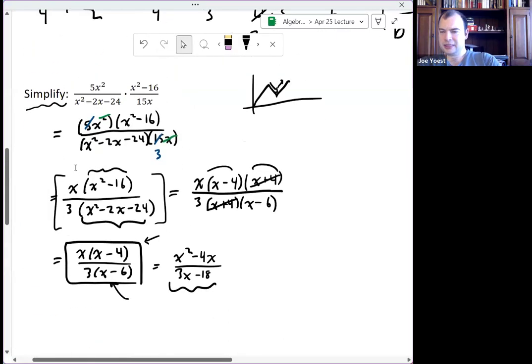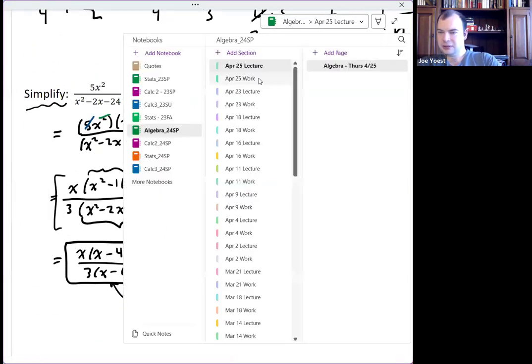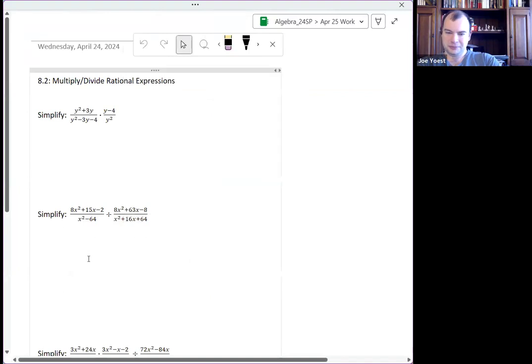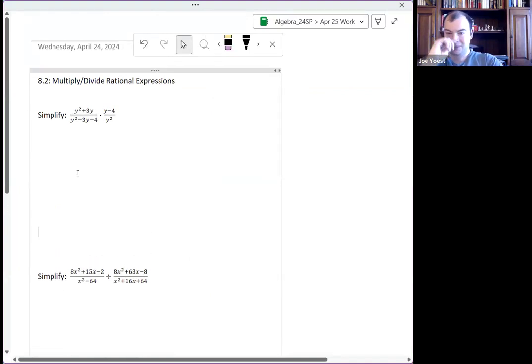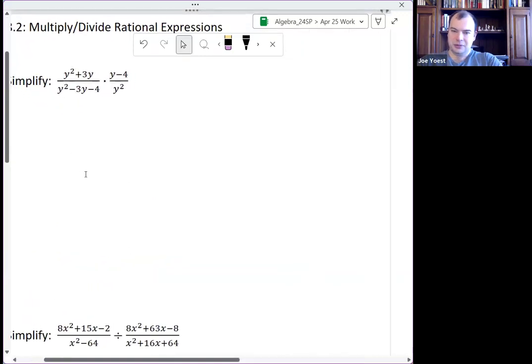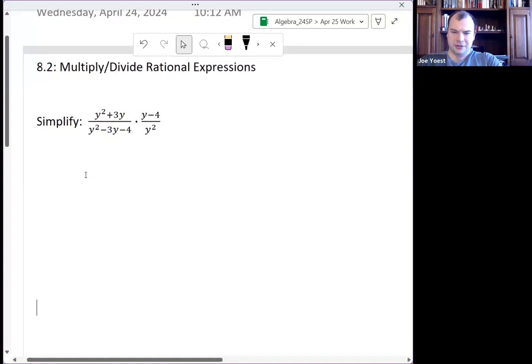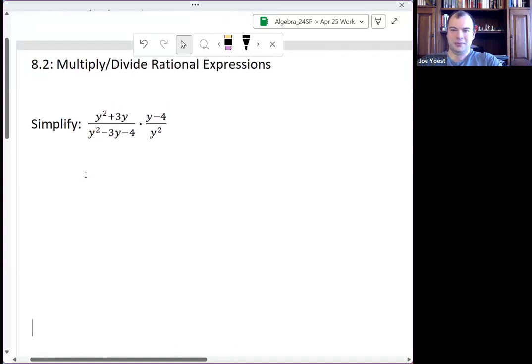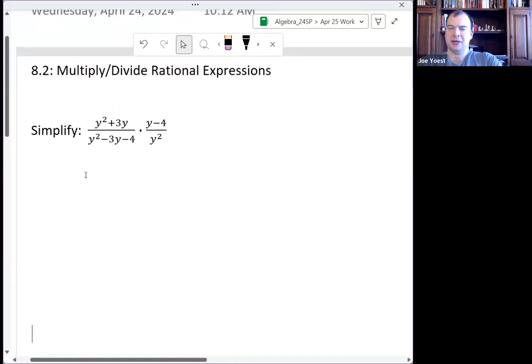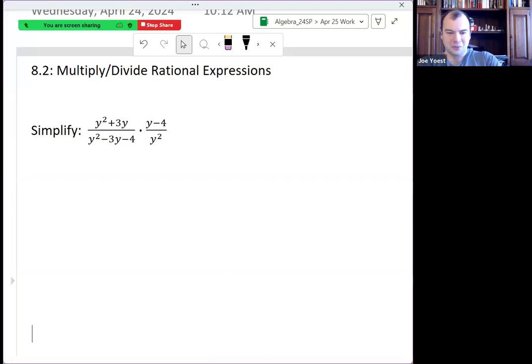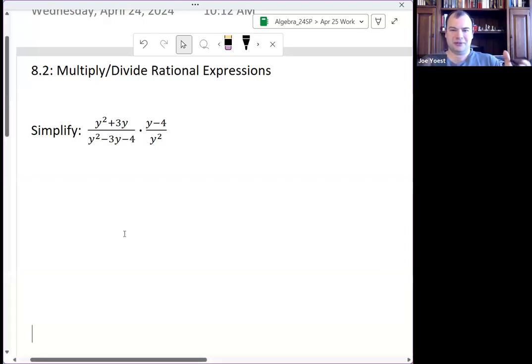Okay, let's do a couple of practice problems. Or well, let's do one practice problem to start. Zoom in. There we go. I usually have this zoomed where I want it, but when I shut down and restart OneNote, it zooms everything back out again.